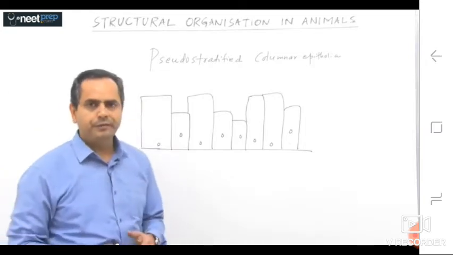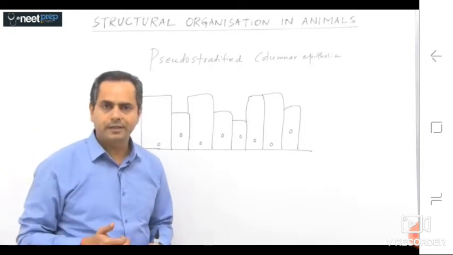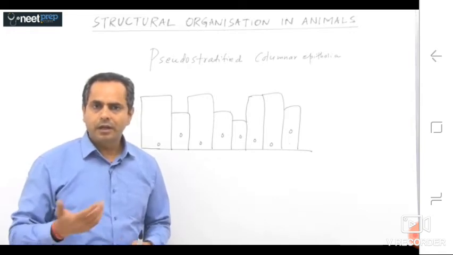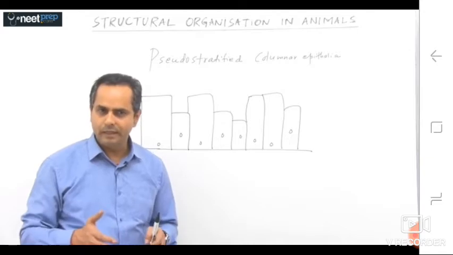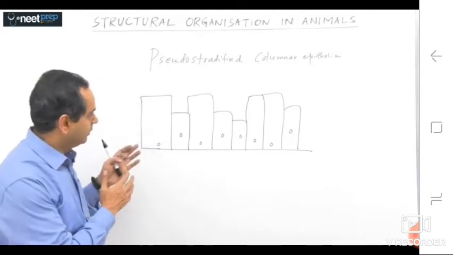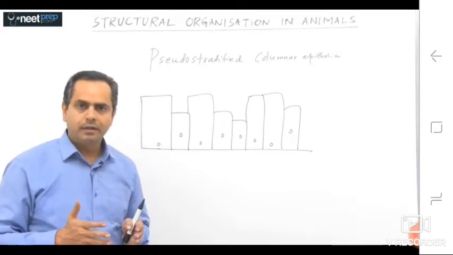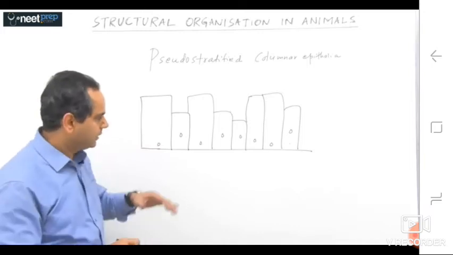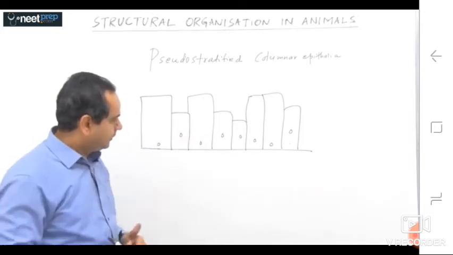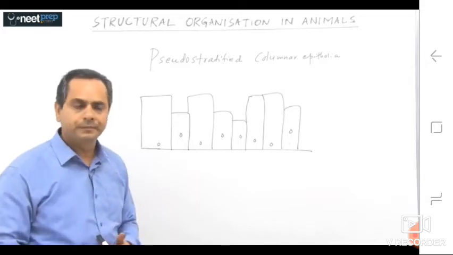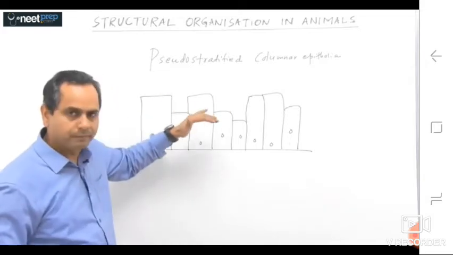So due to the appearance of different height of cells, it looked like stratified or compound, but basically this is a diagram of simple epithelia only, and all the cells' basal part lies above the basement membrane only, but the upper part is not uniform.